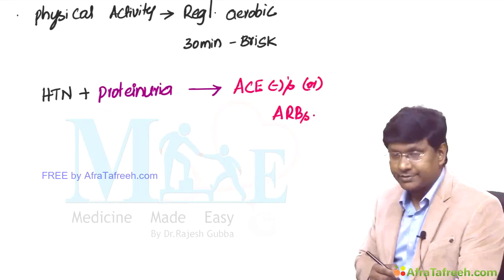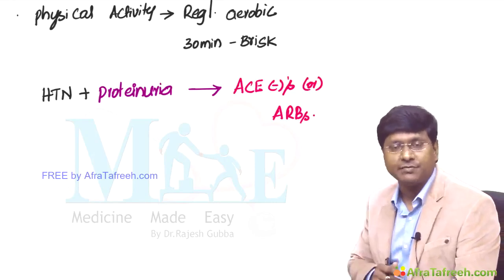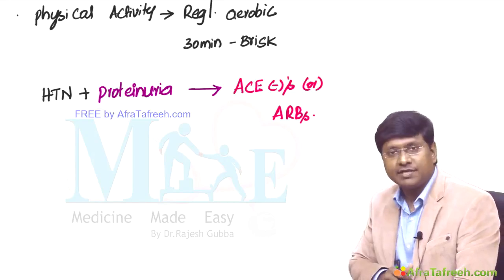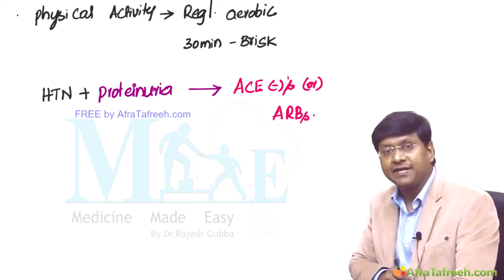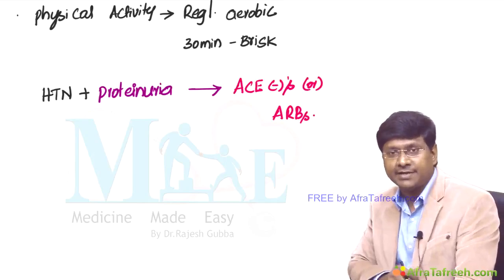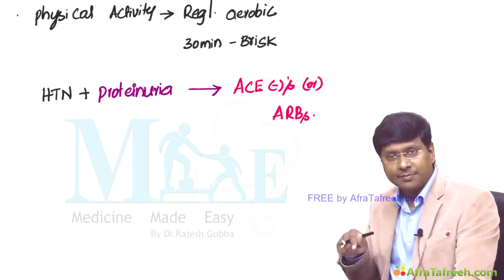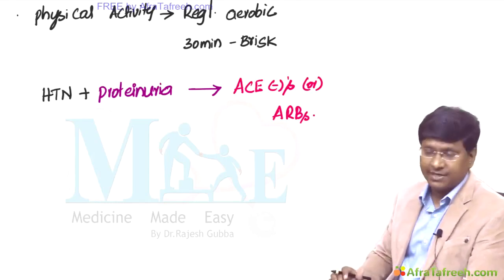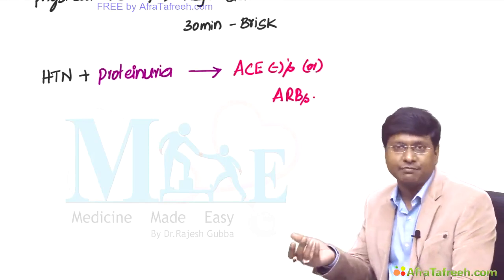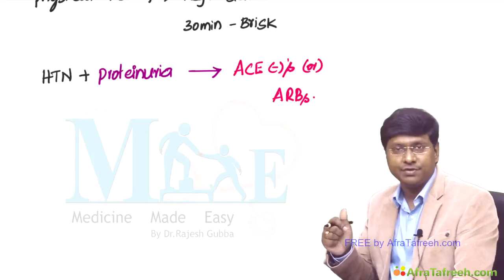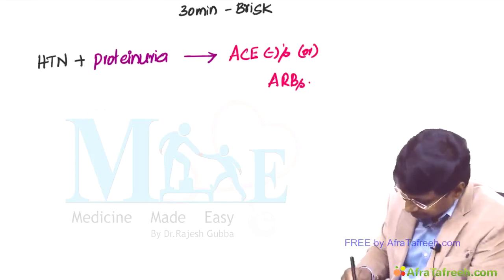They reduce the proteinuria by reducing the intraglomerular pressures, because ACE inhibitors and ARBs cause efferent arteriolar dilatation. Once there is efferent arteriolar dilatation, the fluid from the glomerulus enters into the efferent arteriole, so the intraglomerular pressure reduces and that reduces the proteinuria. That is why you have to give ACE inhibitors or ARBs, particularly ACE inhibitors. But if the individual is intolerant to ACE inhibitors, then you give angiotensin receptor blockers.